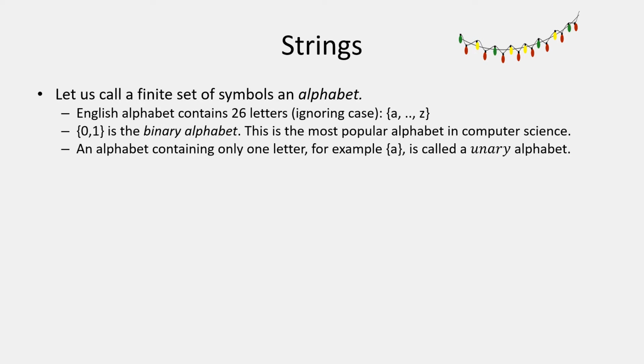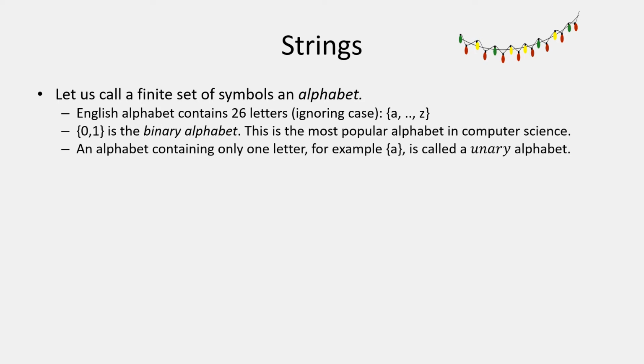Okay, so first of all, to define strings, we first need the notion of the alphabet. An alphabet is just a bunch of letters or symbols. For example, you could have an English alphabet with its 26, let's say, ignoring the case, lowercase letters.